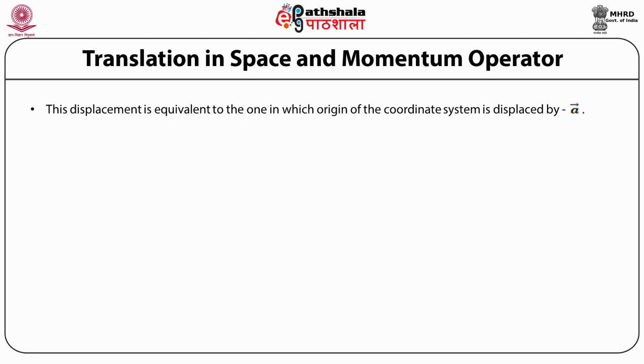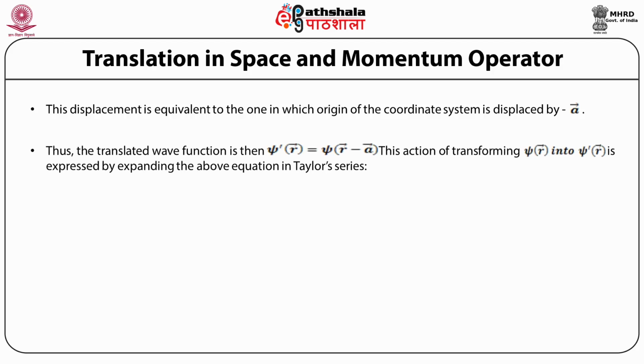In that case, the wave function for such a translation is given by psi prime of r prime equal to the wave function psi as a function of position vector r minus position vector a. And this action of transforming the wave function psi of r into the wave function psi prime of r prime is expressed by expanding the above equation in Taylor's series.